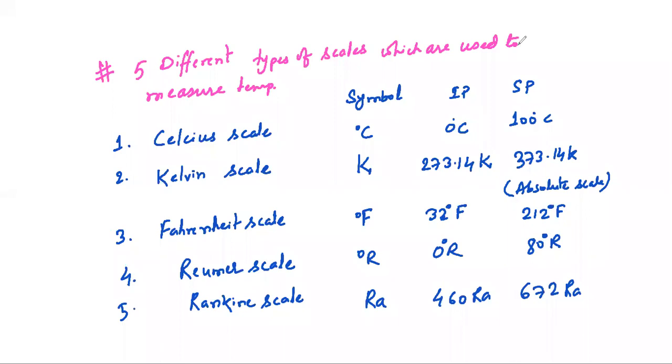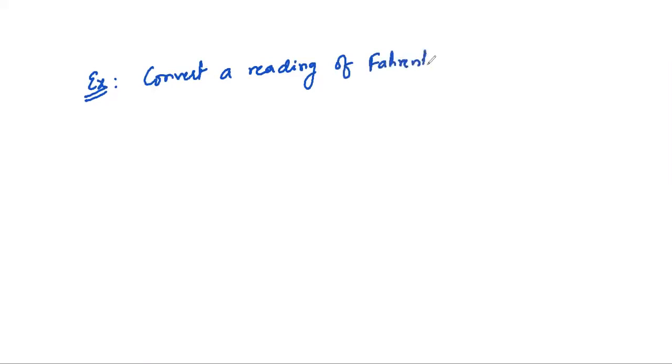Now, suppose that you want to convert a reading of Fahrenheit scale to Celsius scale. Let us just take a simple example here. So what will be our formula? Convert a reading of Fahrenheit scale to Celsius scale.